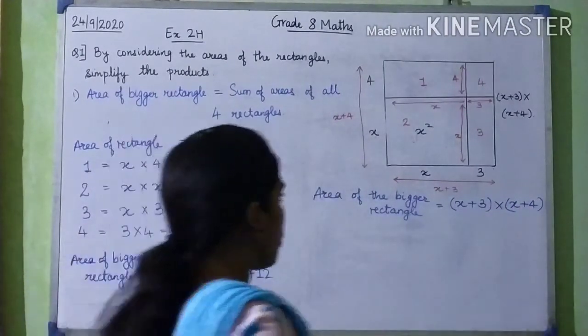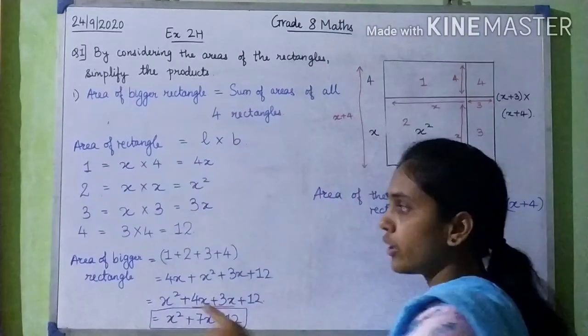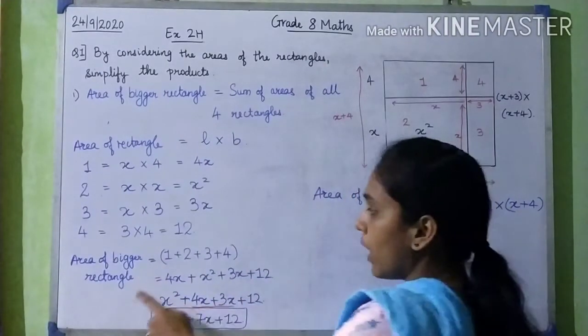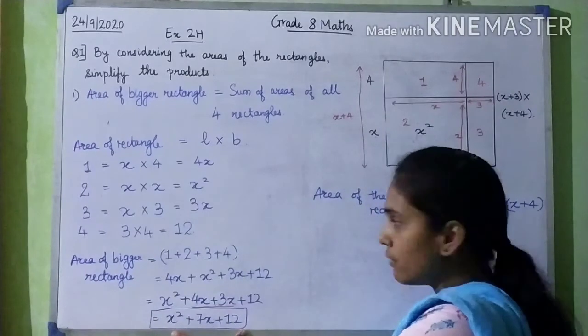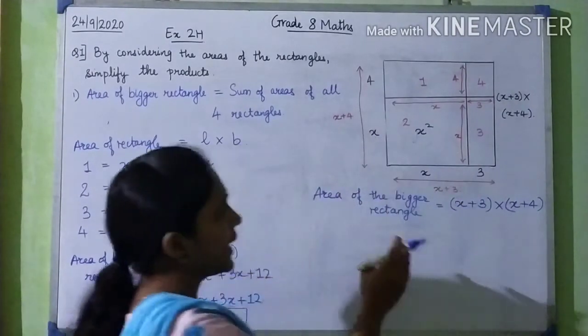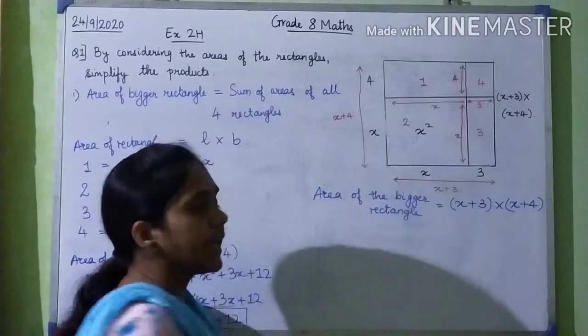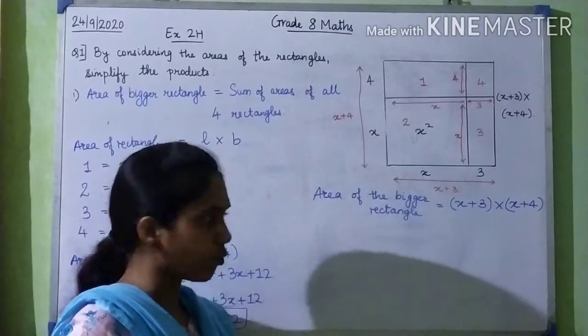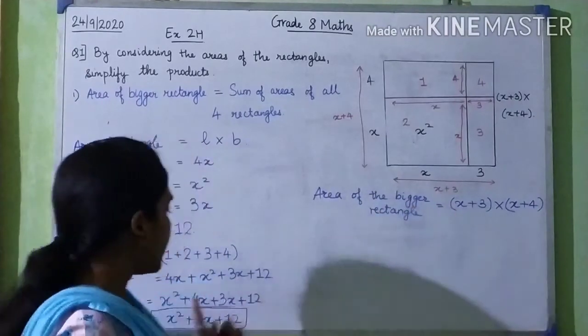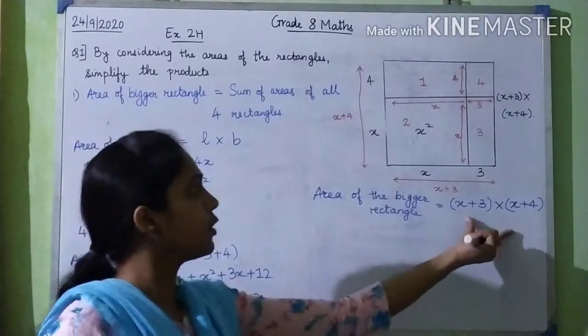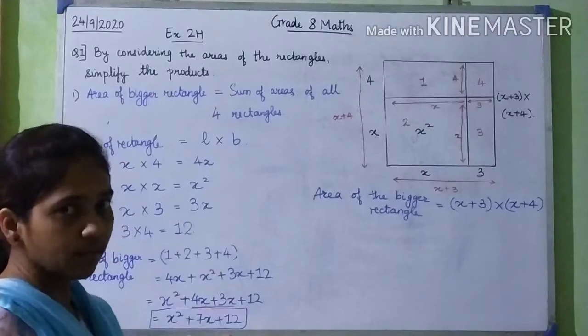Okay. So I have got two expressions for the area of the bigger rectangle. One part says that the area of the bigger rectangle is x square plus 7x plus 12. And the second part says that the area of the bigger rectangle is x plus 3 multiplied by x plus 4. So here the area of the rectangle is equal to this also and equal to this also. So we can equate these two expressions.